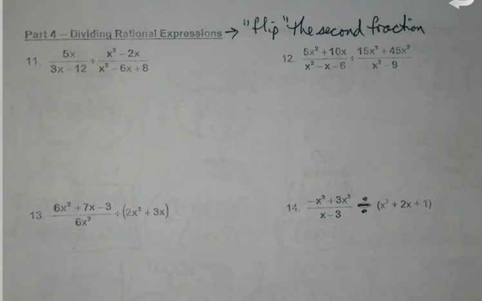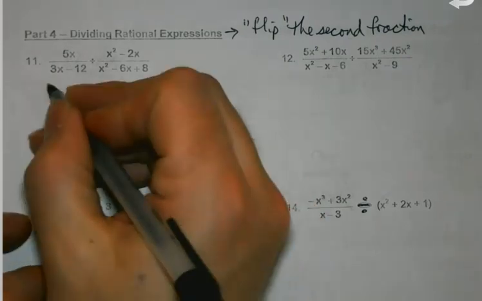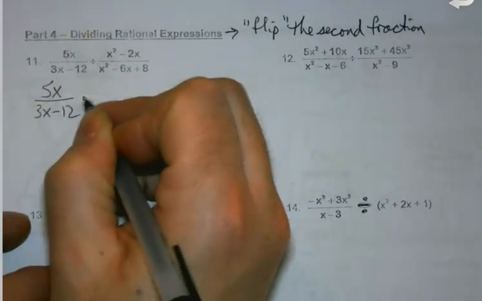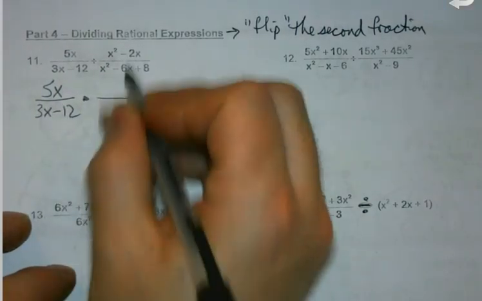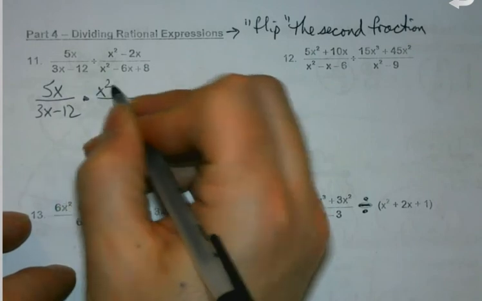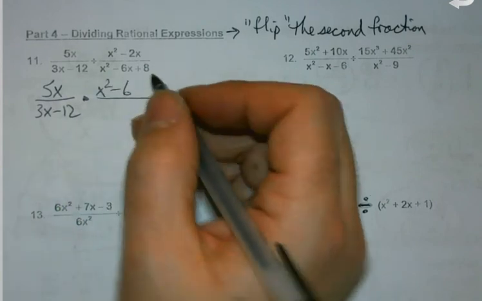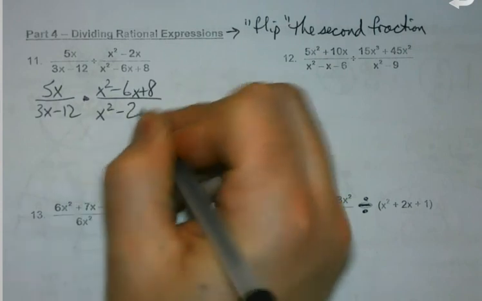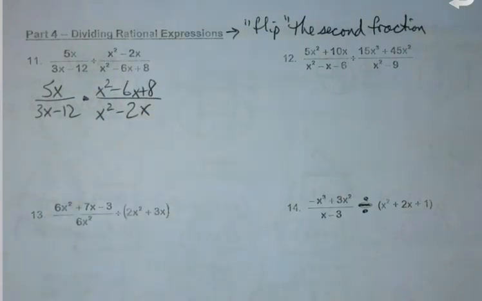So before I ever start factoring or doing anything fancy, I'm going to rewrite this right away so I don't forget. I'm going to turn it into multiply, and I'm going to flip the second fraction over. And now it'll work just like the ones we were doing in part 3, but you've got to remember to flip it.